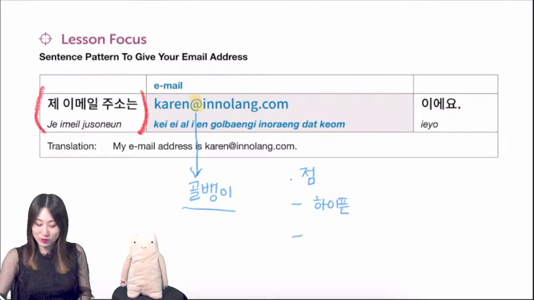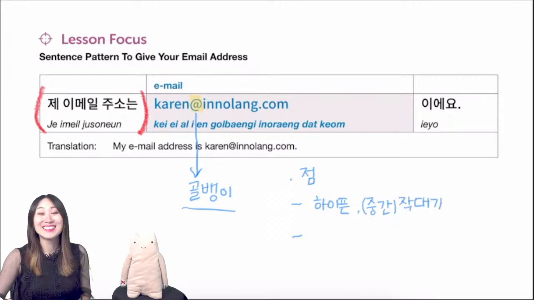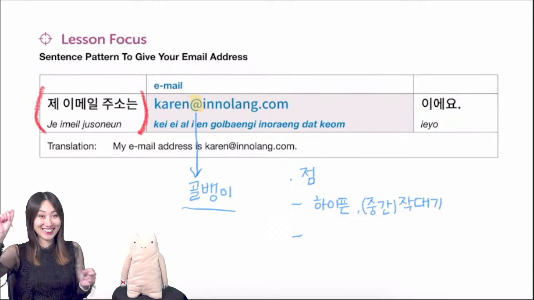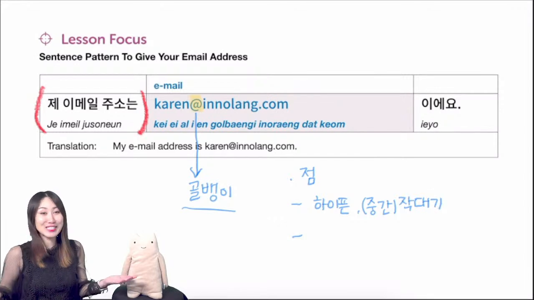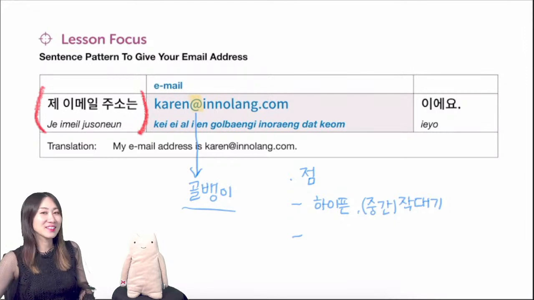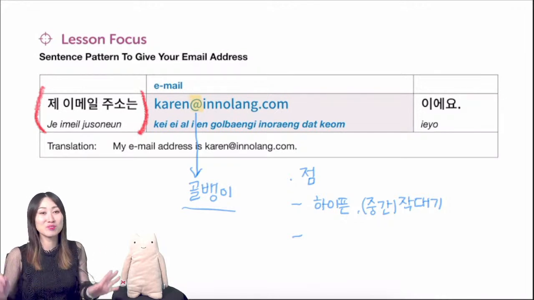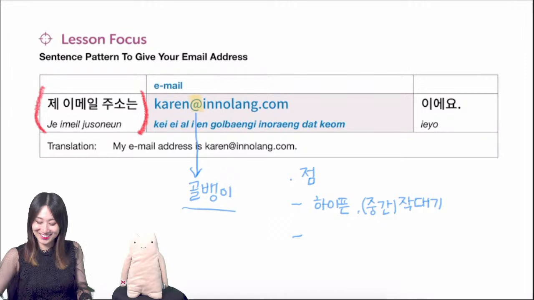I can't differentiate this, but hyphen or 중간 작대기. 작대기 means stick because it looks like a stick. So I think 작대기 is how we are supposed to pronounce it, but many Korean people say 짝대기. So 짝대기 is the common one.